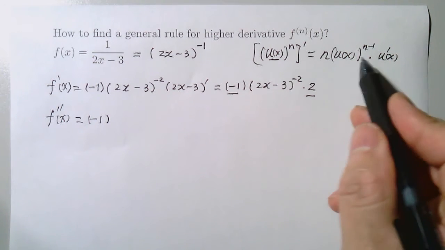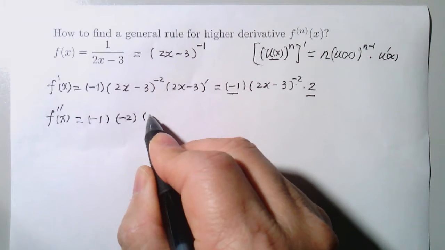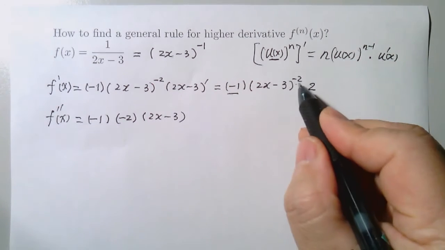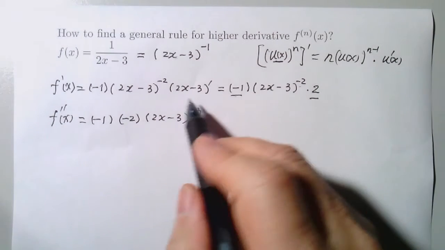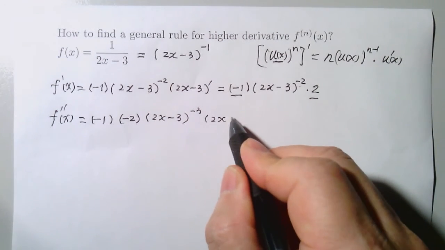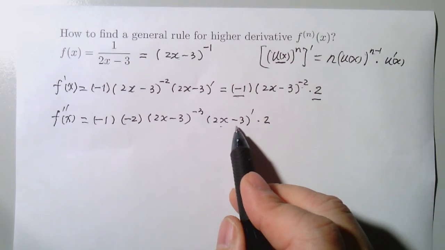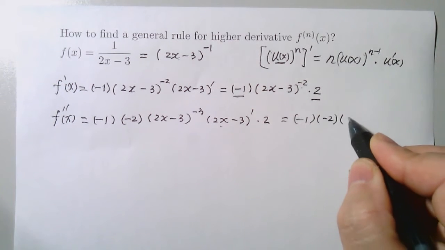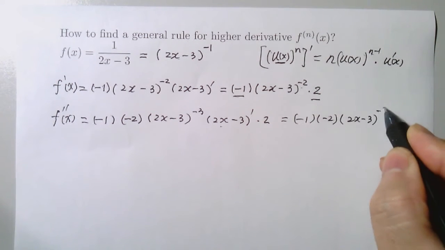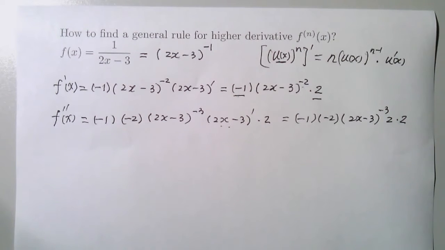Now n is -2, so I have a -2 and 2x minus 3 raised to -2 minus 1, so you get -3. Then you take the derivative of 2x minus 3, and that's 2. So you have -1, -2, and 2x minus 3 to the -3rd, and a 2 times 2. That's the second derivative.